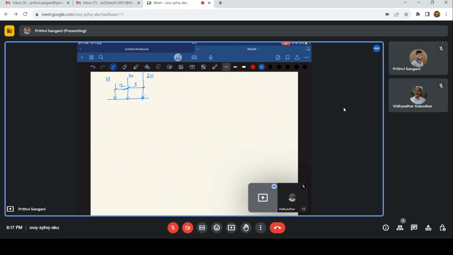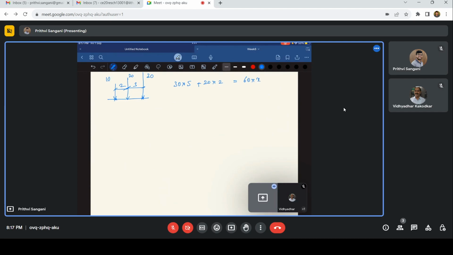I'll take the moment about this point as 0 and find the resultant. 30 times 5 plus 20 times 2 is nothing but the resultant force, which is 30 plus 20 plus 10, that is 60, times x.